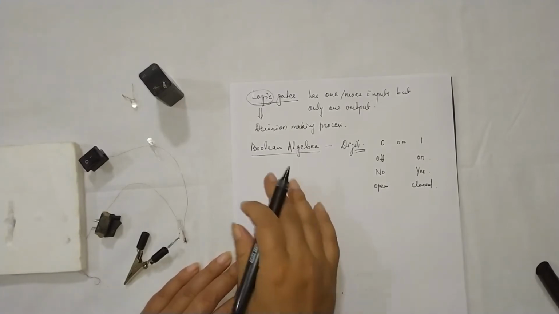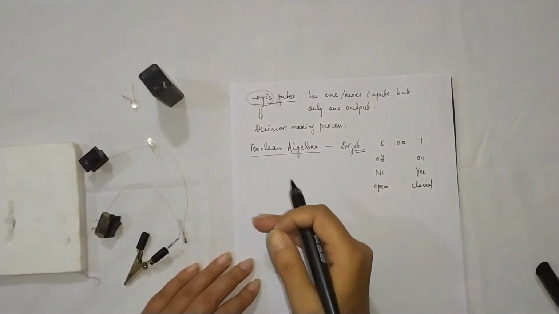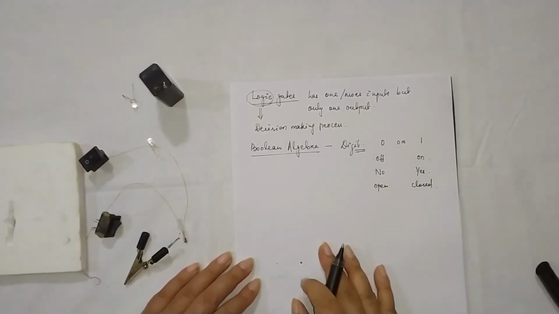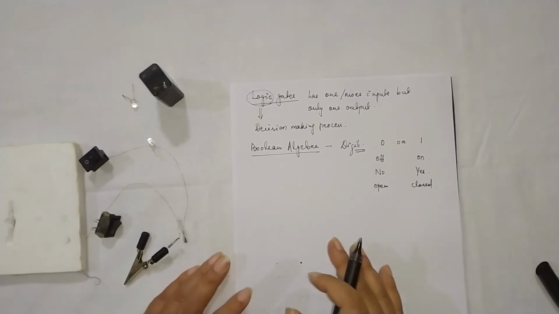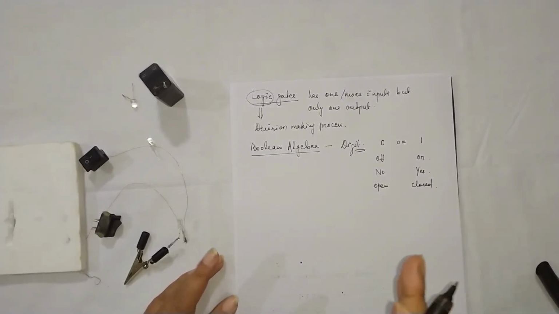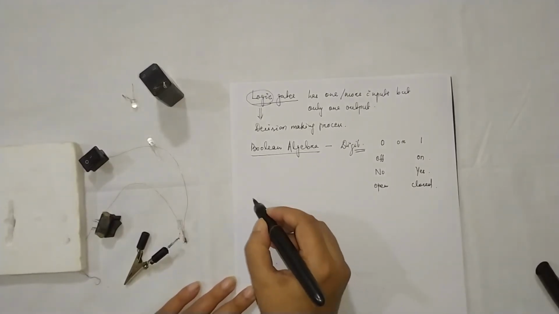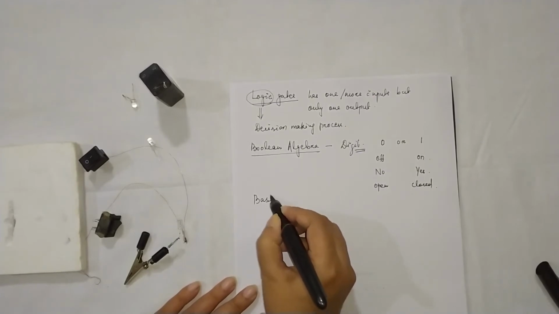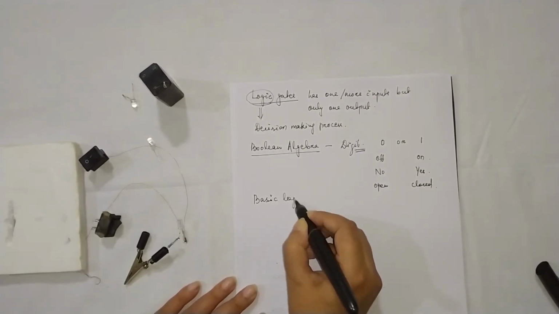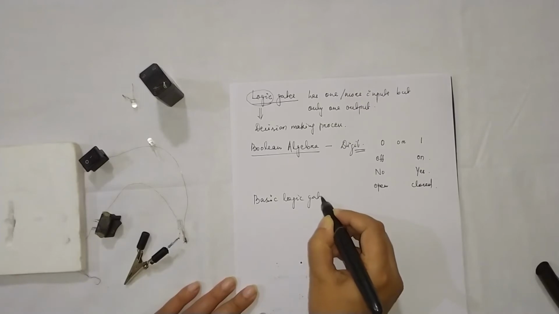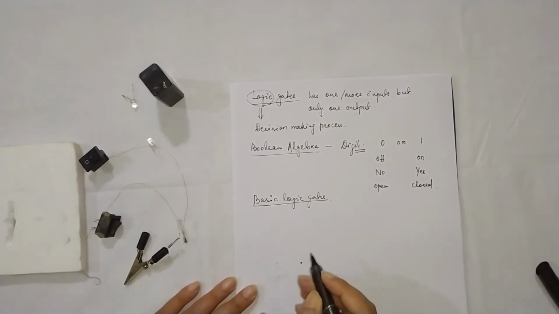Whenever we apply this Boolean algebra in the logic gates, we can explain how the current is going to flow in the circuit. So let us start our discussion on the basic logic gates.